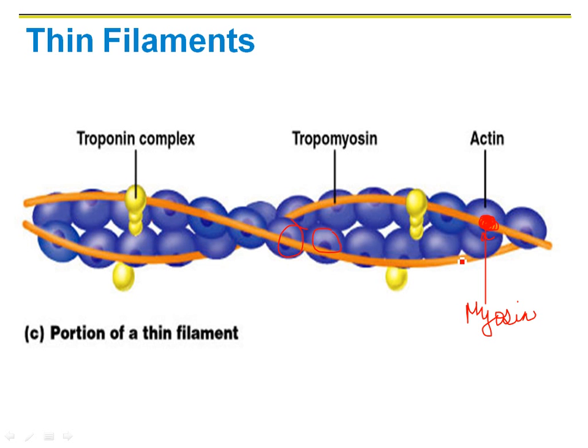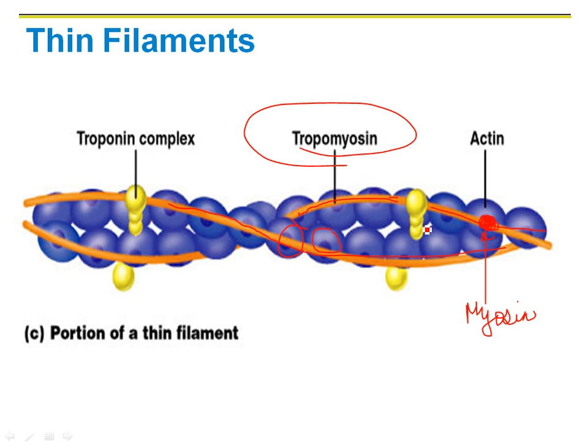And that's the job of the other two proteins. This long orange one is called tropomyosin. Tropomyosin sits on top of actin, and you can see it covers up the active site. When the active site is covered, myosin cannot bind. That's lovely, but we want to have a way to push tropomyosin off that site whenever we want the muscle to contract.